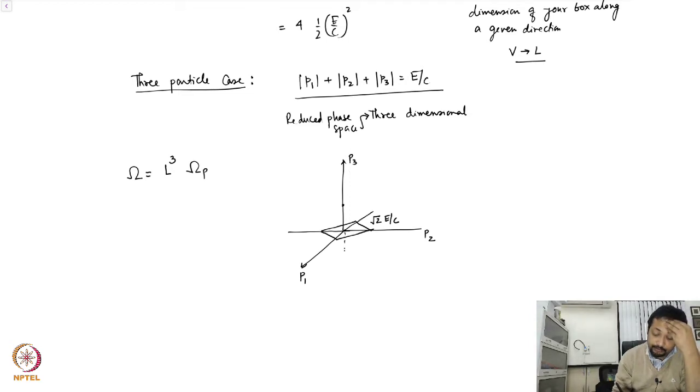This momentum P3 also has an upper bound and lower bound of plus minus E over c, and therefore you are effectively looking at a right-angled pyramid.